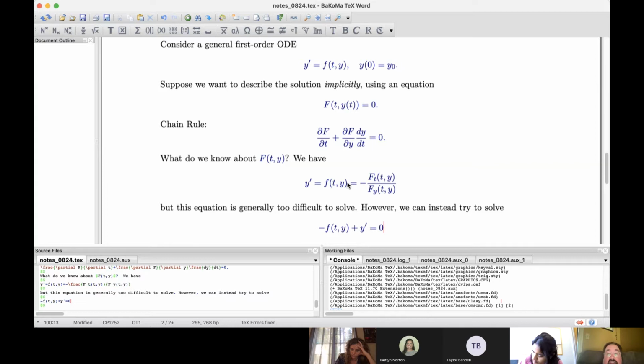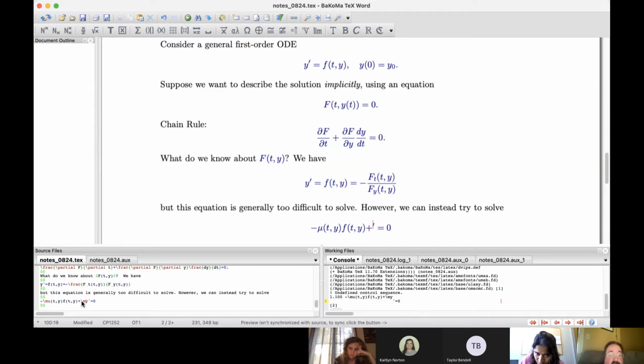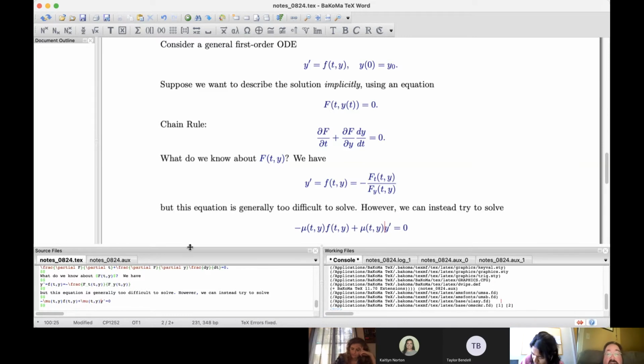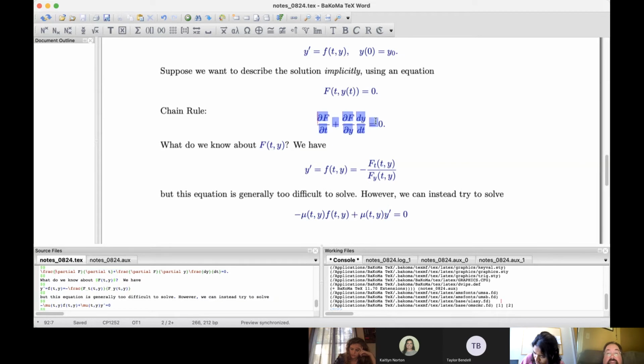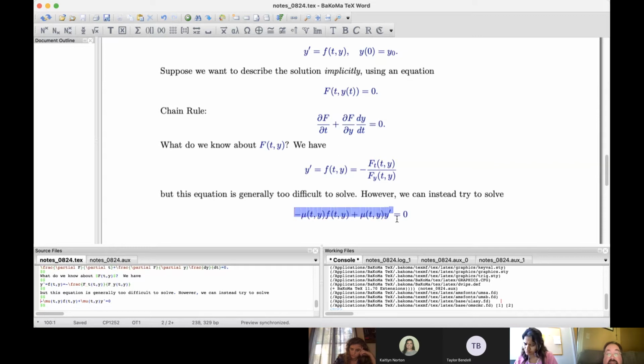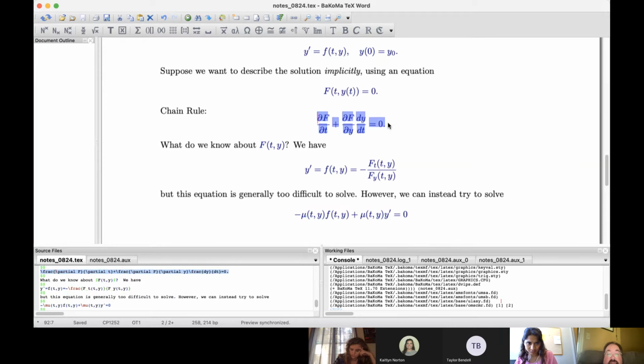All right. And now I'm going to scale this equation by some unknown function, mu. Okay. So although it might be too difficult to match this equation to this one in a way that would reveal what capital F is, maybe instead I can match this equation with this one. All right.